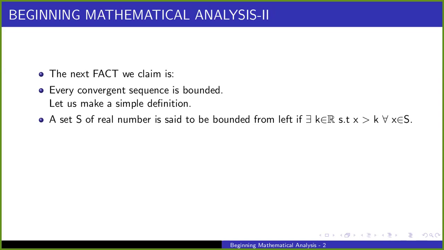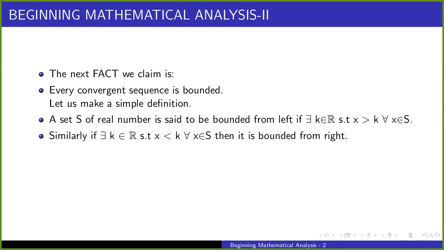Similarly, if there exists k such that x is less than k for all x belonging to S, then it is bounded from right. I should have had a capital K, that's a typo, but anyway.